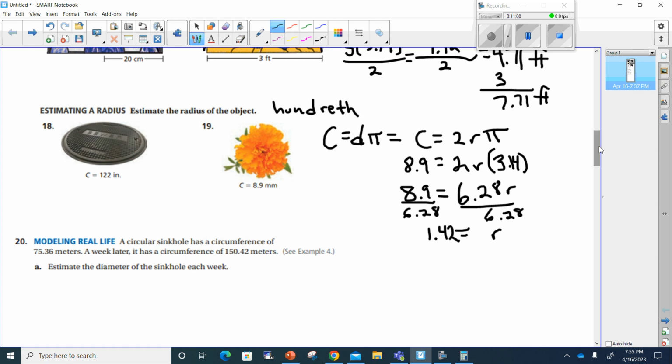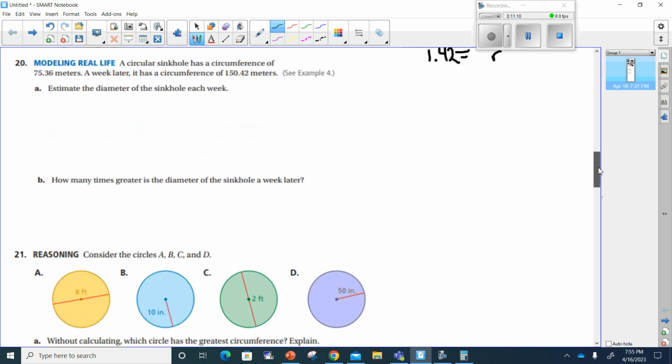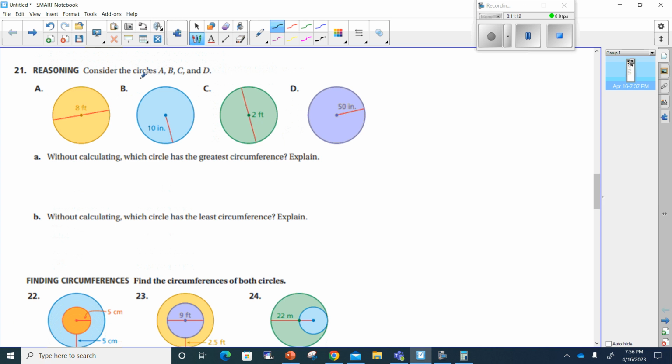All right, number 20 is yours to do, so that leaves 21 mine. Consider the circles A, B, C, and D, okay? Without calculating, which circle has the greatest circumference? Well, I know the bigger the diameter, the bigger the circumference.